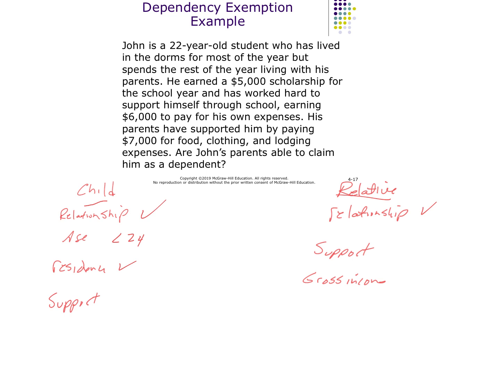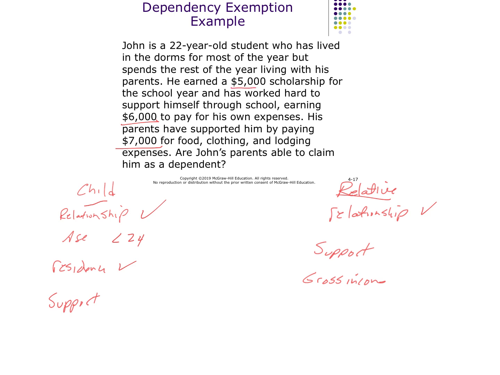So remember, the support test for the child is, does he provide more than half of his support? Okay? And the answer is no, he does not provide more than half of his support. He earns $6,000. His parents provide $7,000.